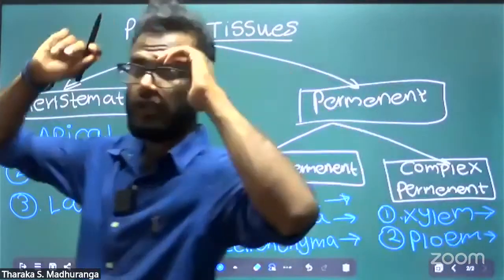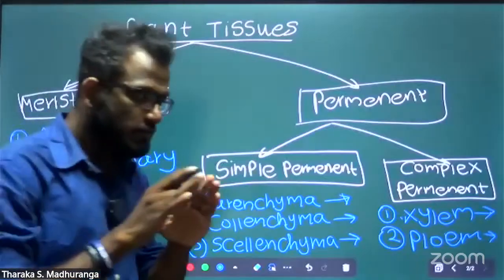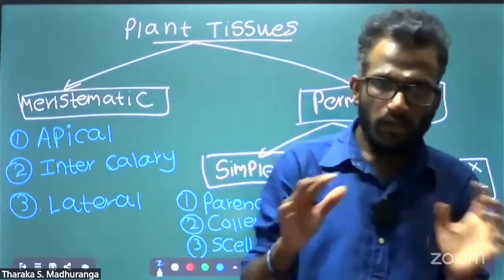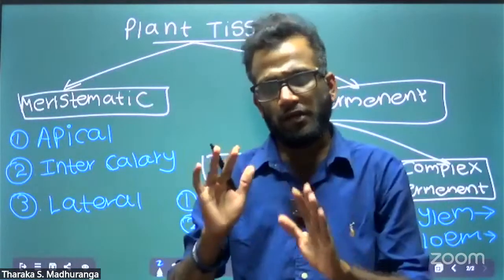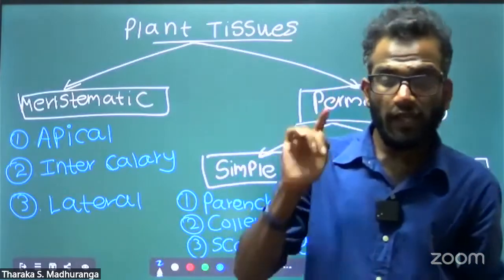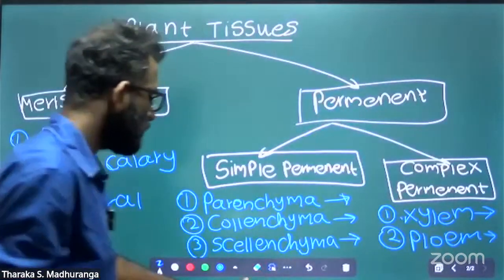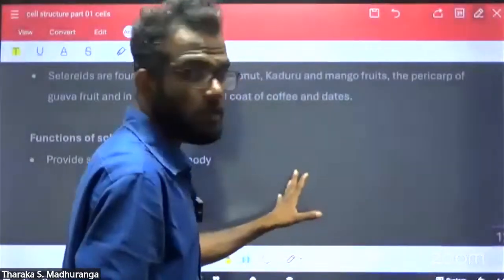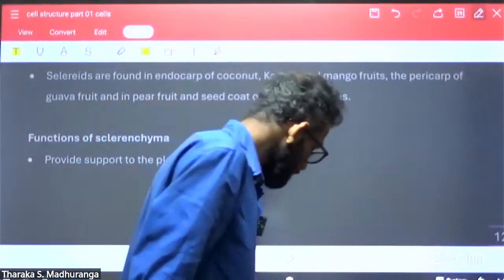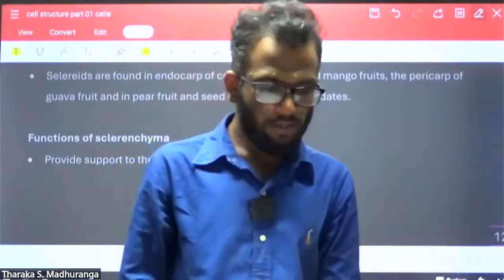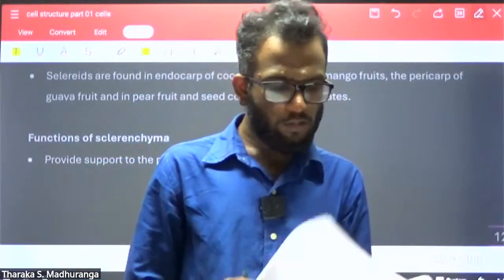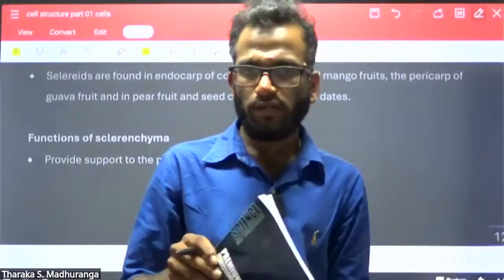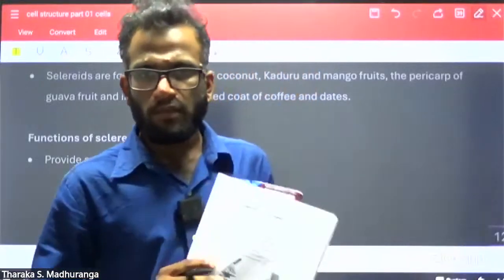Today we completed the plant cell, fully the cell part and tissue part. Next week, a very important part we start. We will fully discuss microorganisms. It is better to complete the microorganism part within one day.